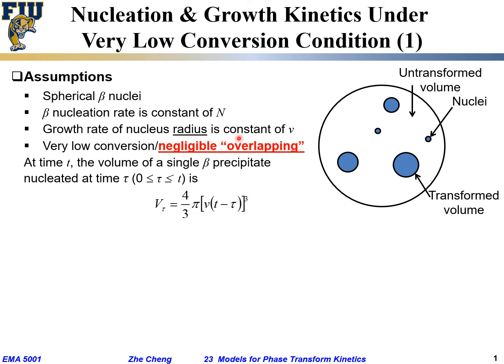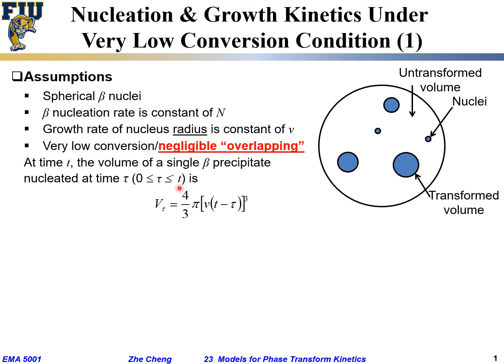Radius: we remember we said the radius is growing at a constant rate of v. But the nuclei may form randomly. A nucleus may not form at time 0. It may form at time tau, where tau is greater than 0 but smaller than time t.